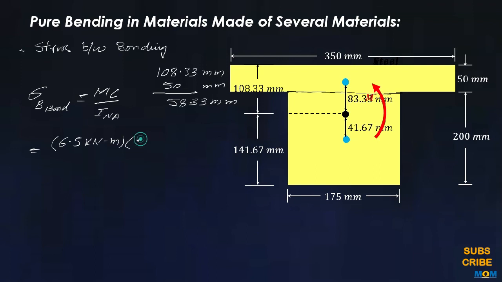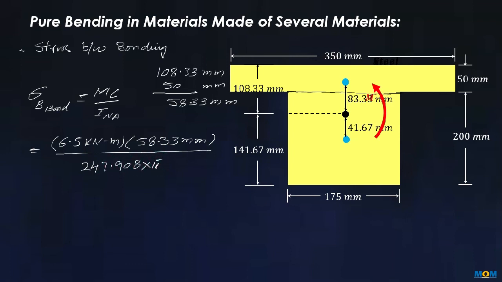So C is 58.33 millimeter upon the moment of inertia, that is 247.908 into 10 raised power minus 6 meter 4.